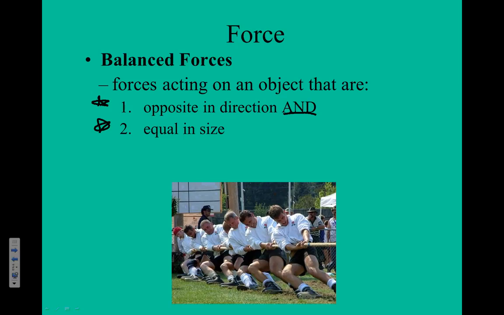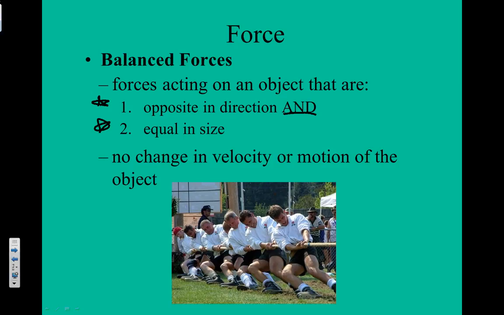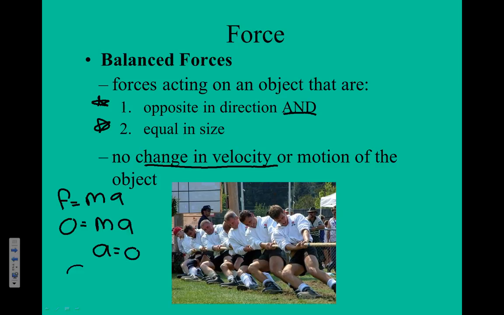A completely balanced system tells us that there is no change in your velocity or the motion of the object. Why again? Well, because of F equals ma, and force is 0, mass times acceleration, so acceleration must be 0, and acceleration is the change in velocity all over the change in time.